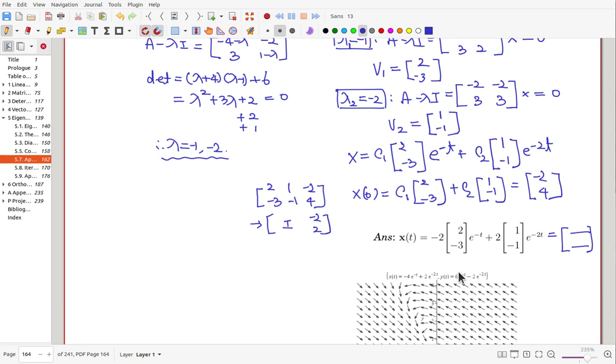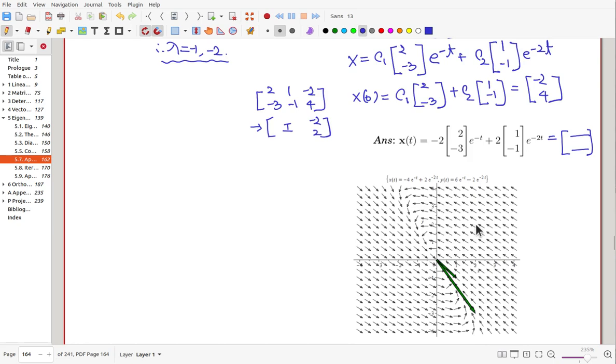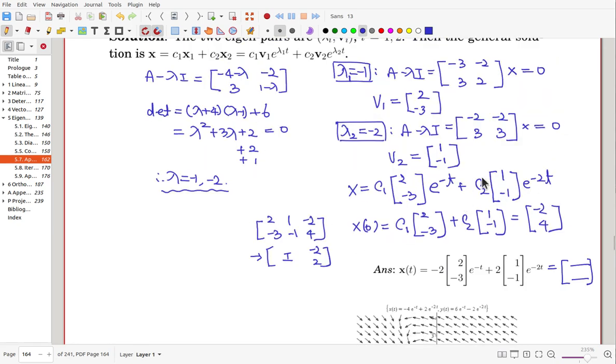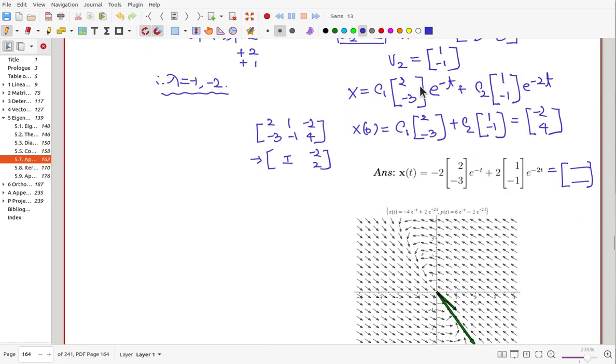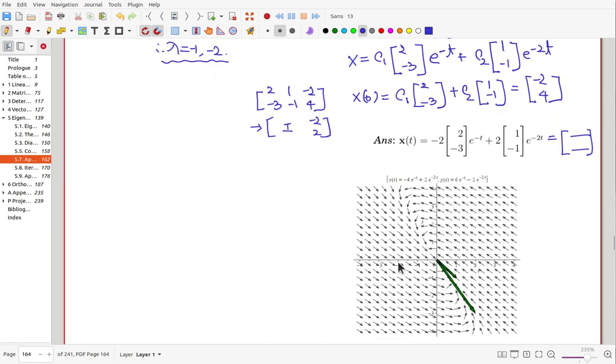Along with this x value, y value, and the curve direction printed, we have that one. For this problem, the initial point is minus 2 and 4, so x is minus 2 and y is 4. That must be around here.